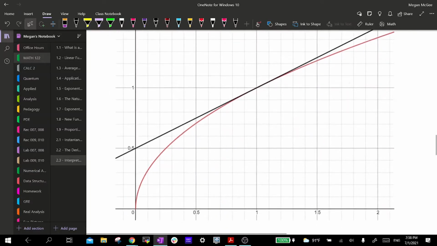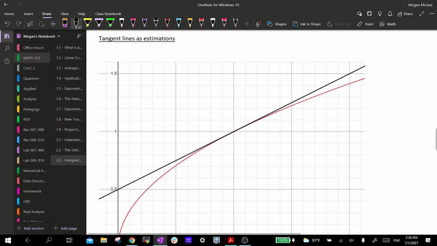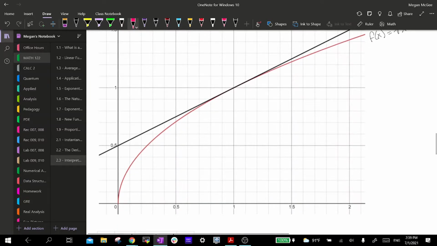Alright, so in this case, our red line is our function f of x is equal to the square root of x. And this black line here, I'll give you the equation of the line. It's 1/2 x plus 1/2. Okay? And this is our tangent line at the point x is equal to 1.